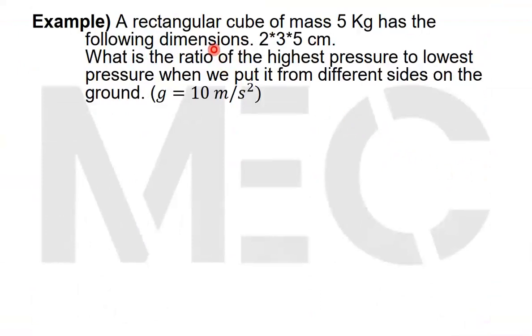Okay, let's do an example here. A rectangular cube of mass 5 kilogram has the following dimensions: 2 times 3 times 5 centimeter. What is the ratio of the highest pressure to lowest pressure when we put it from different sides on the ground? So we have a rectangular box like this.